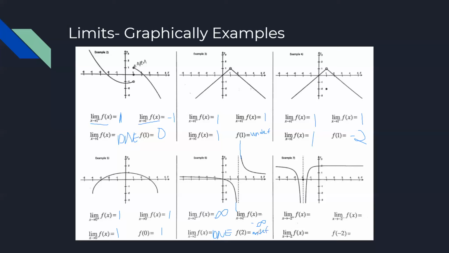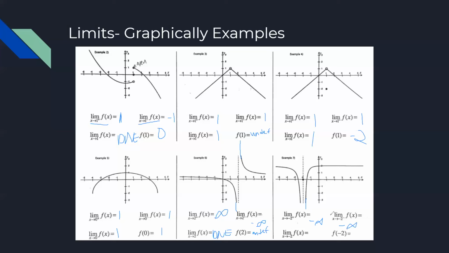It's definitely important to pick up on the terminology, like "does not exist" or "undefined," because they're definitely prevalent later. So the limit as x approaches negative 2 from the right goes straight down to negative infinity. From the left, straight down again, negative infinity.